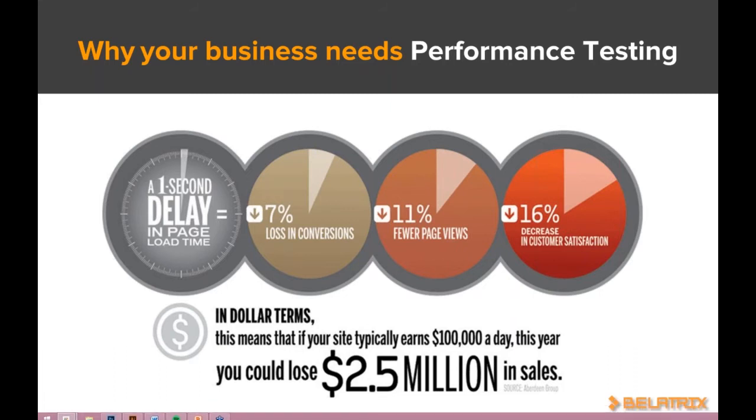Bearing in mind that the cause of this loss was only 1 second of delay in our website. So it's very, very important for our business and our website to give good satisfaction to our clients, and in performance terms, it means lower response time from our web page.